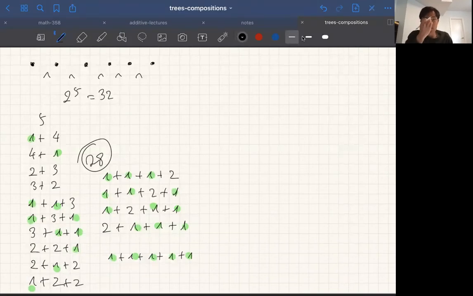So I should say, by the way, that the goal when I sat down to do this video is to find a bijection between these green dots and the trees. Now, I don't know if that's a lofty goal, because what in the world do trees have to do with these parts that equal 1 in compositions of n? I have no idea.